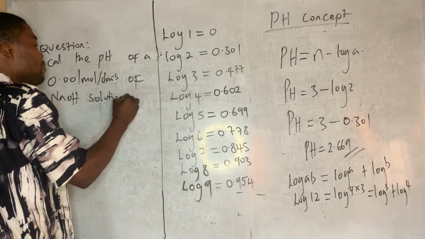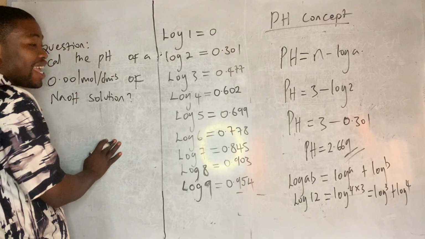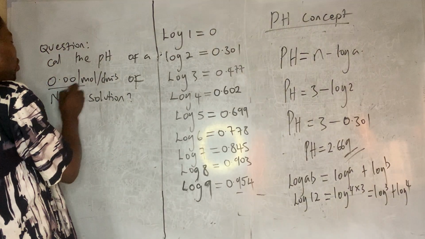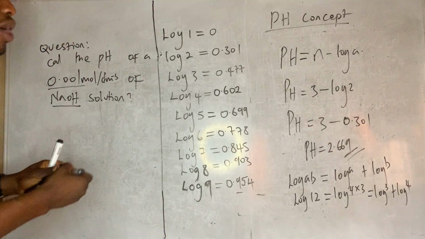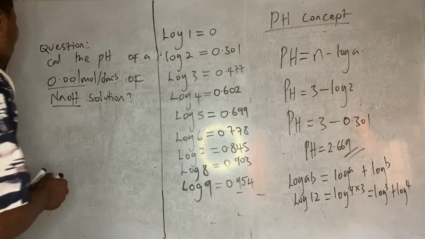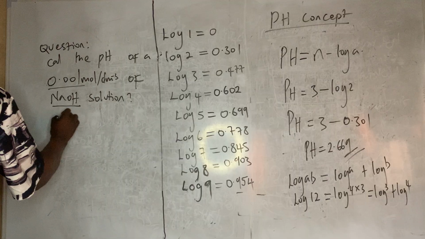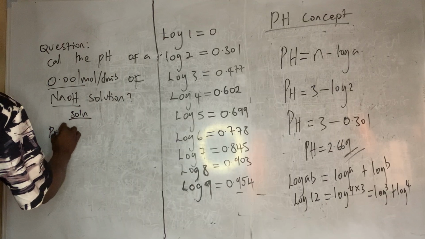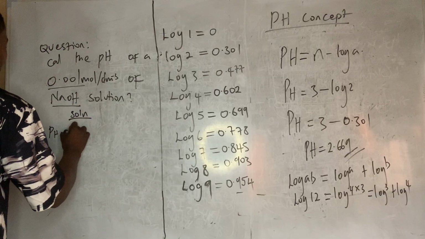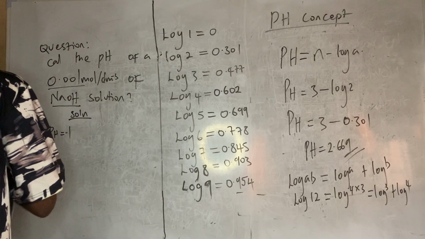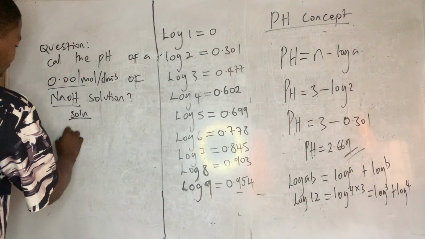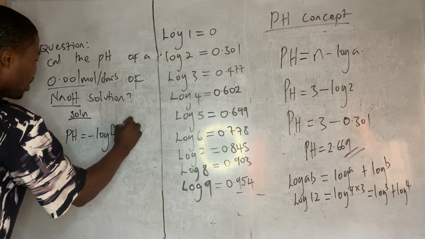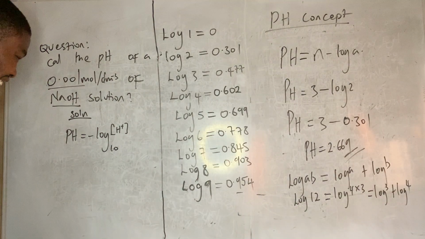Now we have a base again. They're asking us to calculate pH. So for this base, we can calculate OH. So quickly, what we have to get first is, pH is equal to negative logarithm of hydrogen ion concentration to base 10.